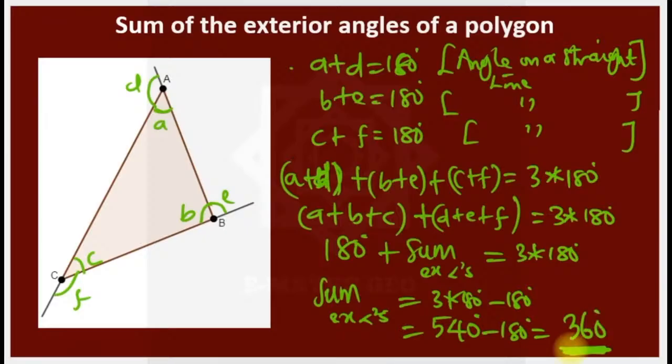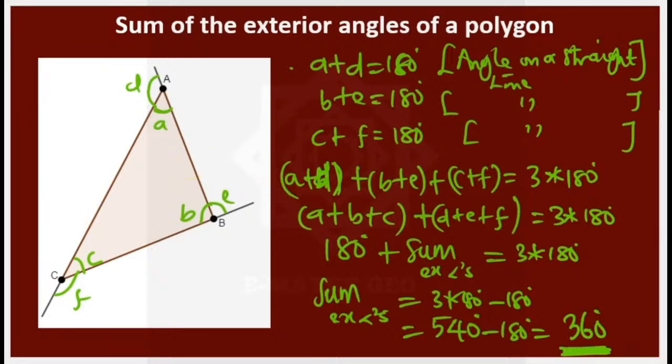This answer is always true for all polygons. It's a constant. Whenever you sum the exterior angles, you always get 360 degrees. So this is the formula for the sum of the exterior angles of a polygon, no matter the number of sides. I just used 3 sides so that it would be easy for us to derive. So we've gotten the formula.